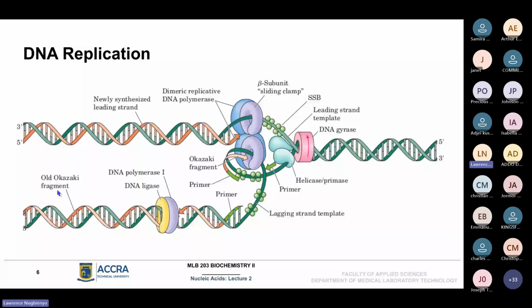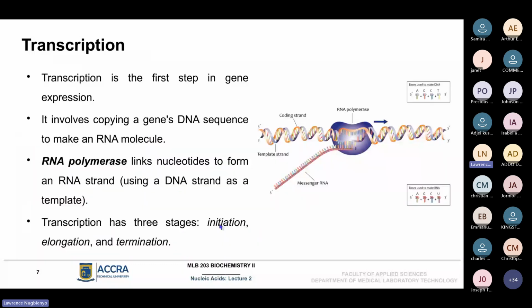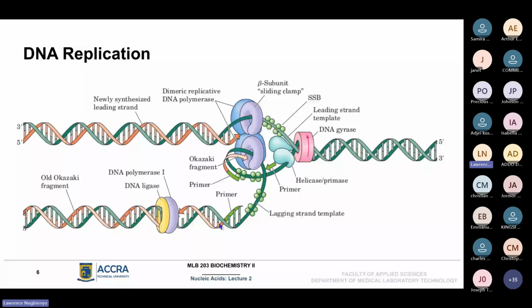So you take note of that, smaller chunks. And also take note of the fact that the synthesis always is occurring in the direction of 5' end to the 3' end. So you can see here, this is the 5' end going towards the 3' end.